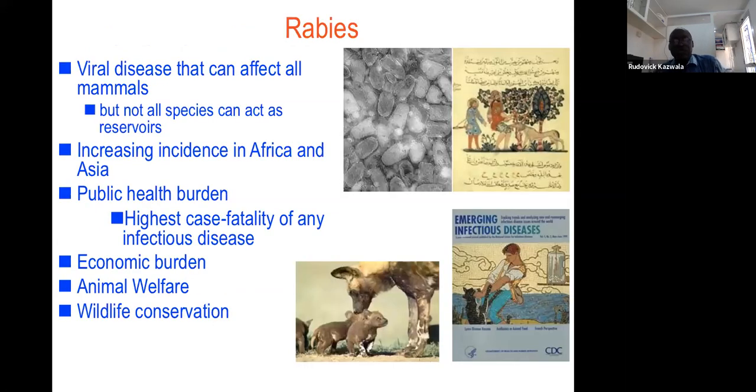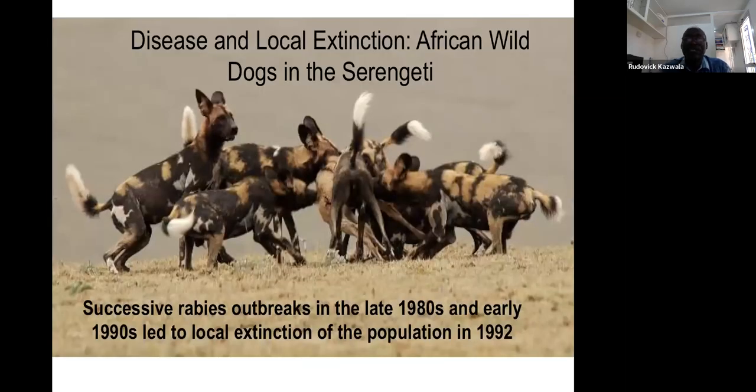Rabies is of major concern, and we had major issues on rabies in our part, where at some point we thought it would lead to depopulation of the wild dogs. And some studies were done in and around Serengeti National Park with colleagues from University of Glasgow.